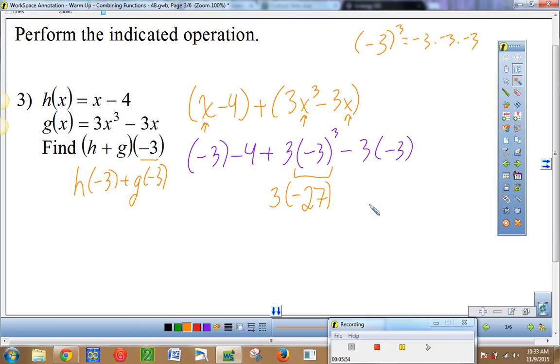These are all outside of it though, right? Technically, you could go ahead and do negative 3 times negative 3 here. What's negative 3 times negative 3? Positive 9. And then how about over here? Negative 3 minus 4. Negative 7. Okay. Now what can you do? 3 times negative 27.